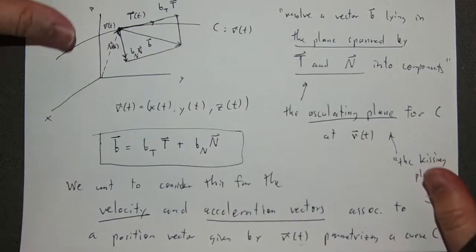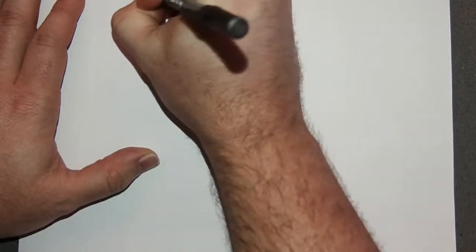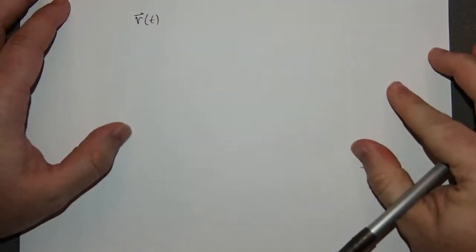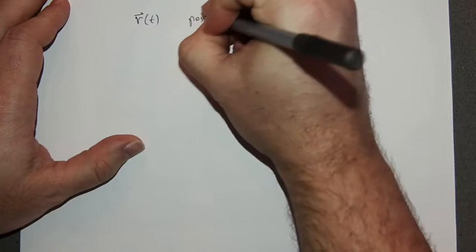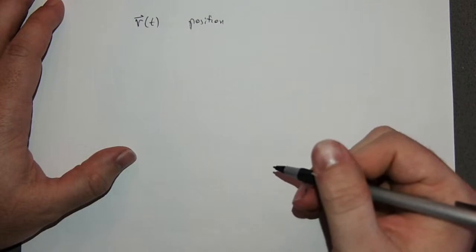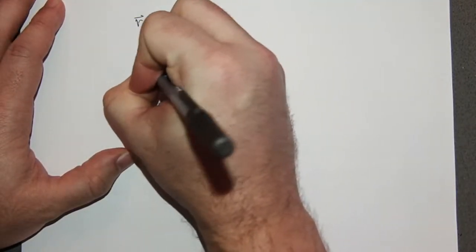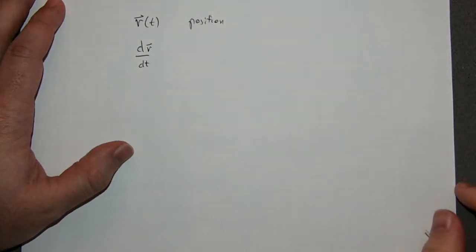Okay, and so my r of t is describing position. So what do you think is going to describe velocity? Well, exactly the thing that described velocity before, dr/dt of t.